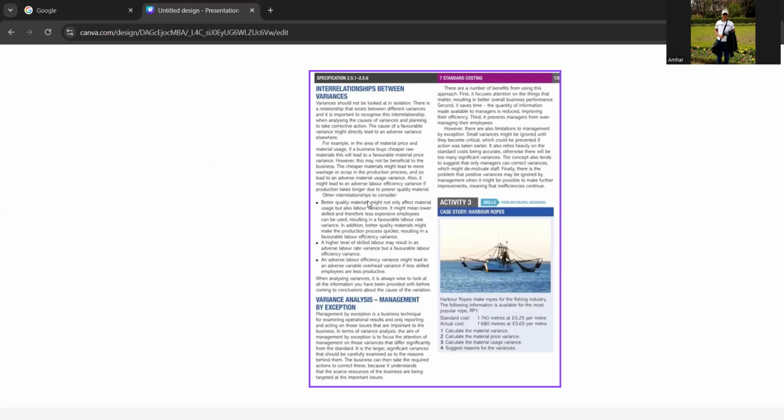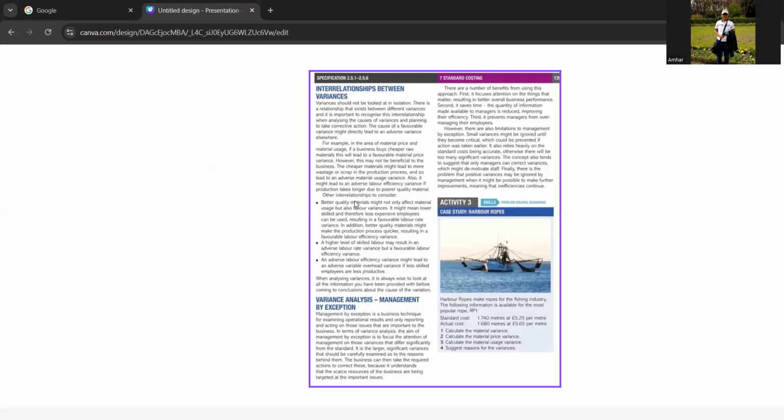So they are saying in labor efficiency variance also it might cause an adverse result because poor quality material has been used. Did you understand how the variances are interrelated? Yeah, I can understand that.